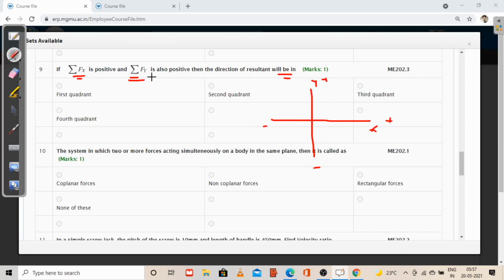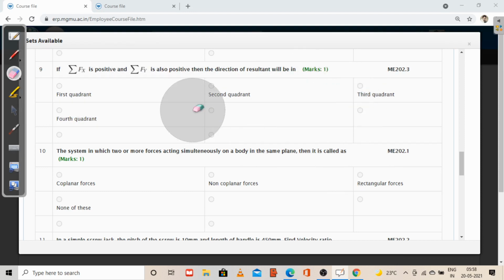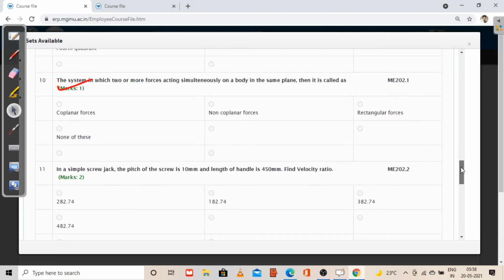So Fx is positive and Fy is positive, so the resultant will go in the first quadrant. Plus, plus, so first quadrant. Second quadrant, third quadrant, fourth quadrant is not the answer. So the answer you have to click is the first quadrant.